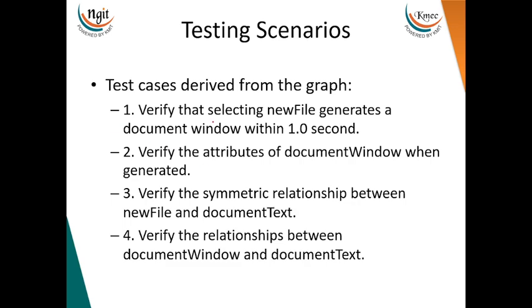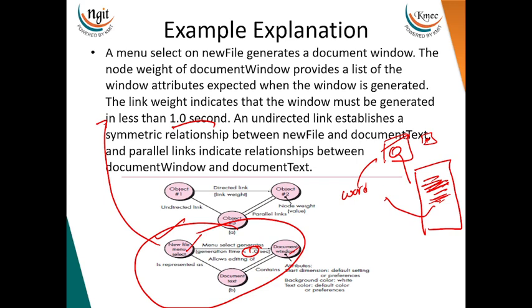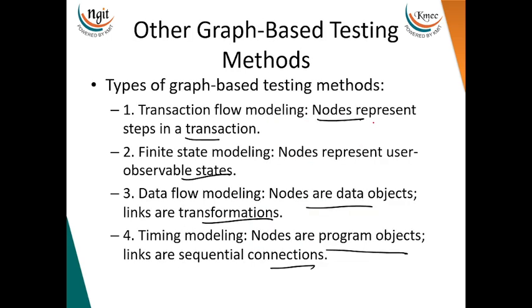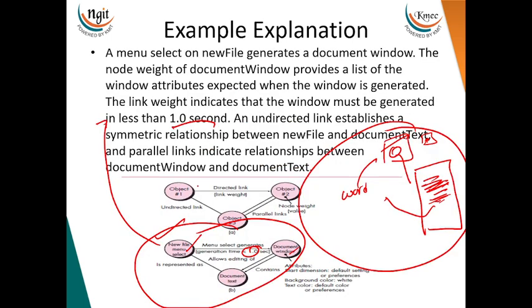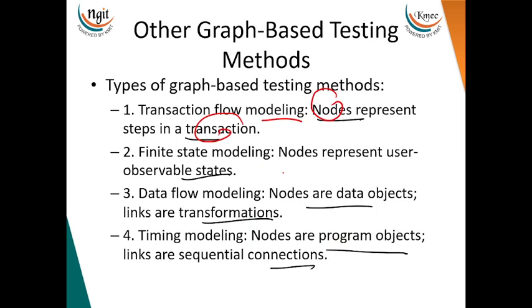Testing scenario: verify selecting new file, the documentation window, verify the attributes of the window, verify semantic relationships, verify relationships. If you see, all these relationships are available here. Types of graph methods: transaction flow modeling, where nodes represent steps of a transaction.